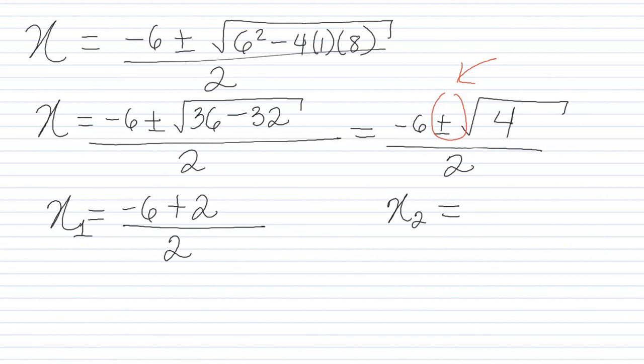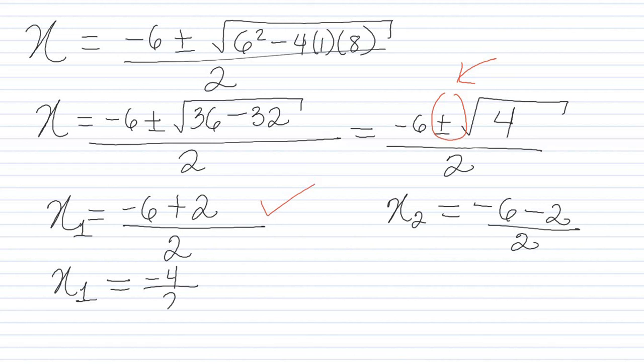Then you have the same thing for x2, with the minus. We already did plus, so we're going to work with the other potential answer for the root. So you have negative 6 minus 2, divided by 2. So x1 equals negative 6 plus 2, which is negative 4, divided by 2, which is negative 2.